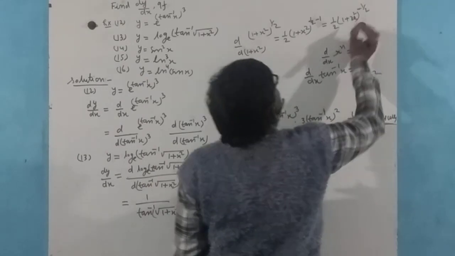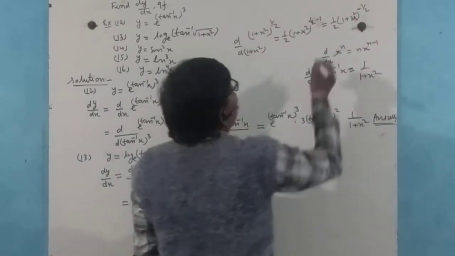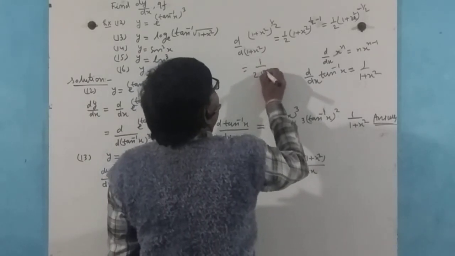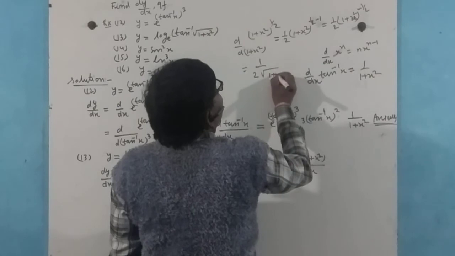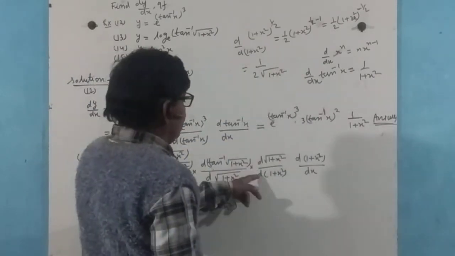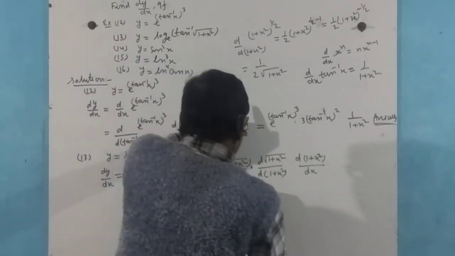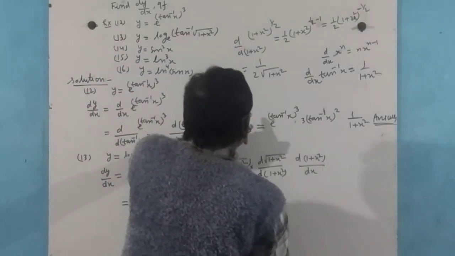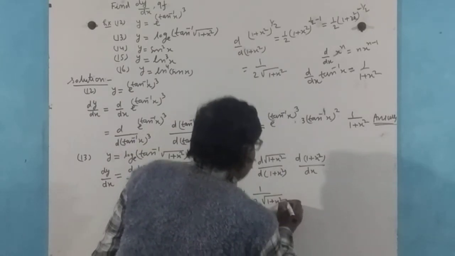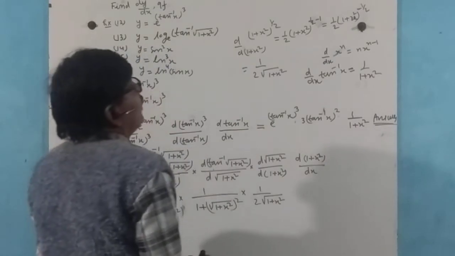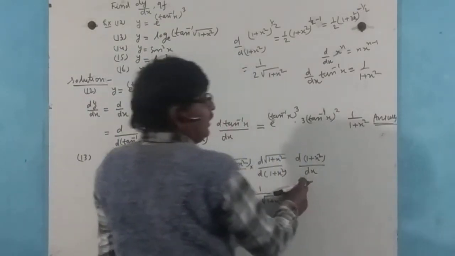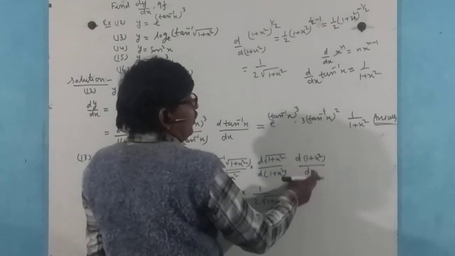This can also be written as 1 by 2 under root 1 plus x square. So this can be written as 1 by 2 under root 1 plus x square, and now this d by dx.